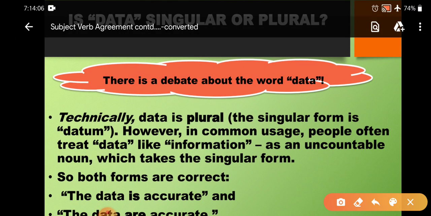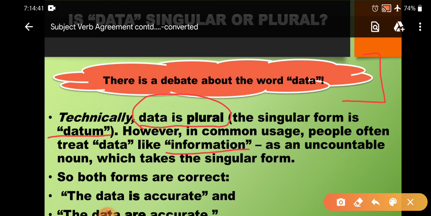There is a debate about the word data. Technically, you would be surprised, data is plural and the singular form is datum. Did you know about this, students? Now, in common usage, we consider data like information. Information is always singular. Am I right? The information is correct.